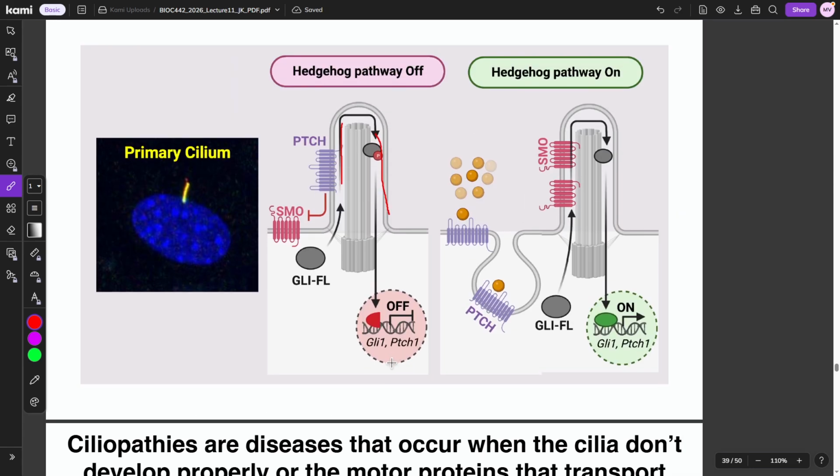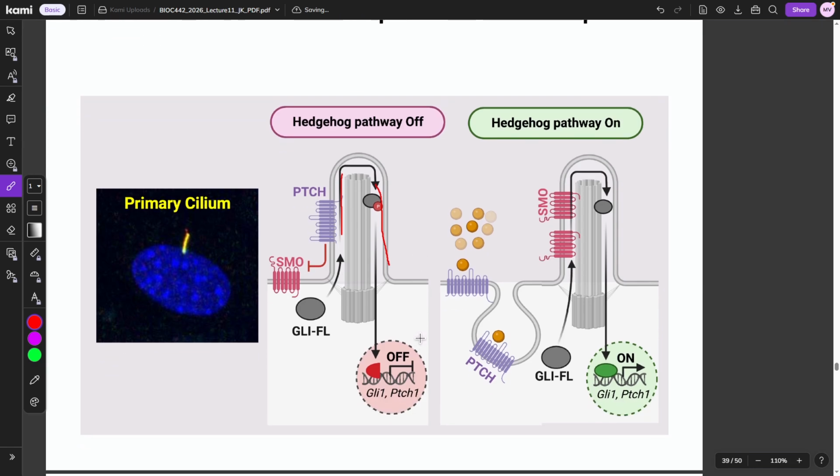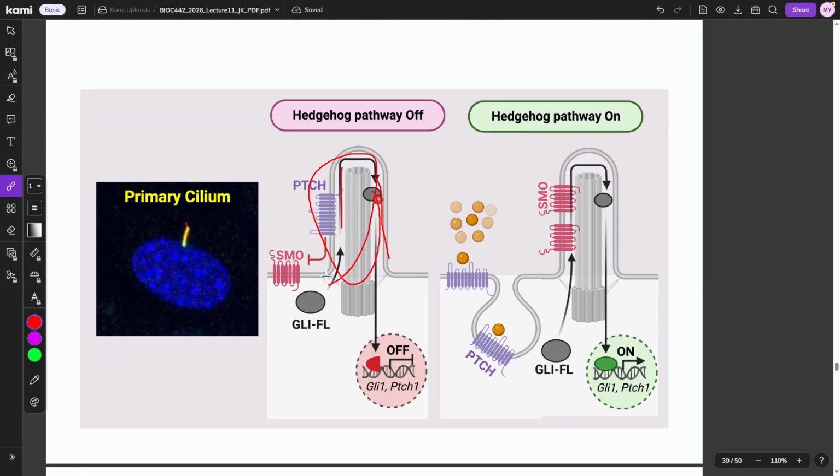So a great little example of what these motor proteins do and how microtubules are helpful in that. The cilia does not form without the microtubules, and the microtubule helps this GLI protein interact with patch, get degraded into a repressor, or helps it stay in the active form as an activator.